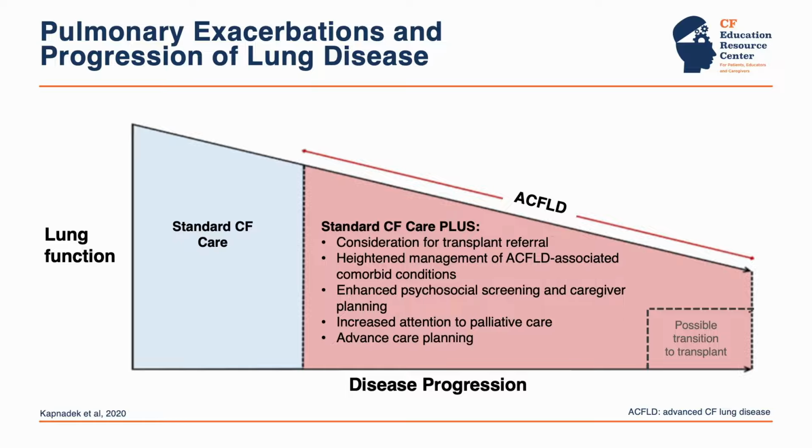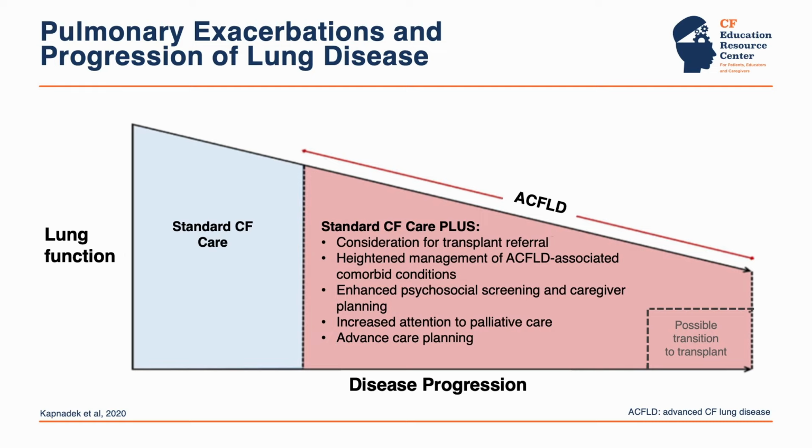When patients have progression of their lung disease, we start thinking about them having advanced CF lung disease, or ACFLD, and we continue standard care, but we also think about things like referral for lung transplant, management of the comorbid or other conditions that occur in advanced CF lung disease.